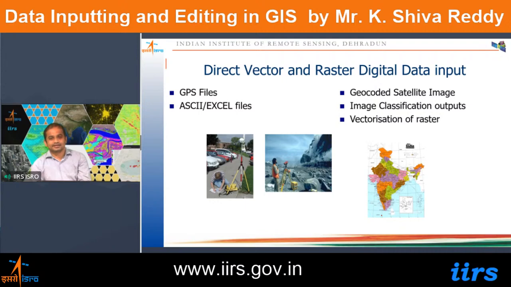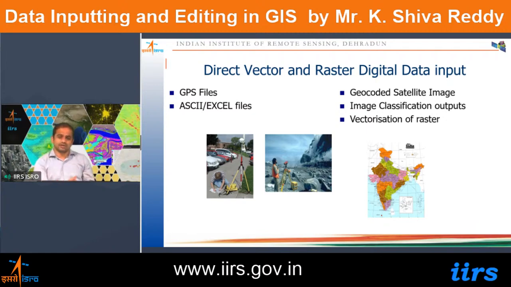And when you have a direct vector input, say vector point, shape file, or any other file, you can directly import into GIS. GPS files, also GPX files, Excel files, they can be easily imported into GIS. Geocoded satellite images can be directly opened. Now, if you are using any image classification software, the output of the image classification is mostly a raster, but that raster can be added to the GIS.